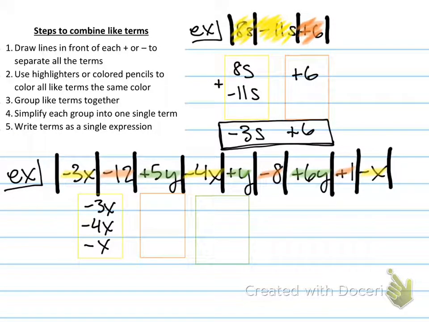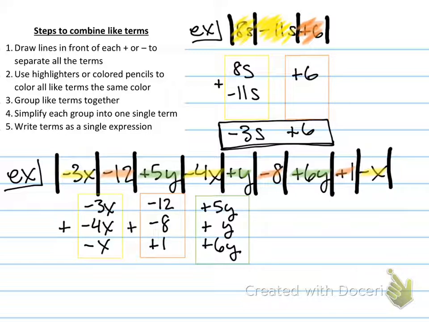And then in the orange box, I have -12, -8, and +1. And then in the last box, I have +5y, +y, +6y. And now all I need to do is add everything.